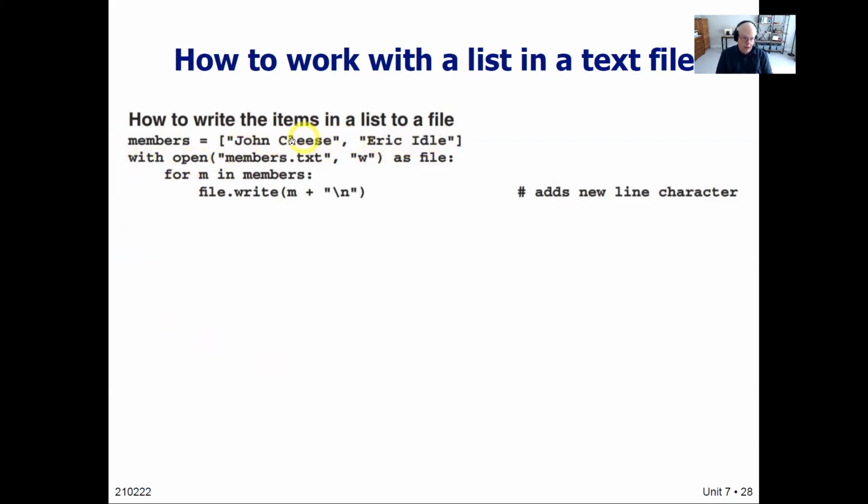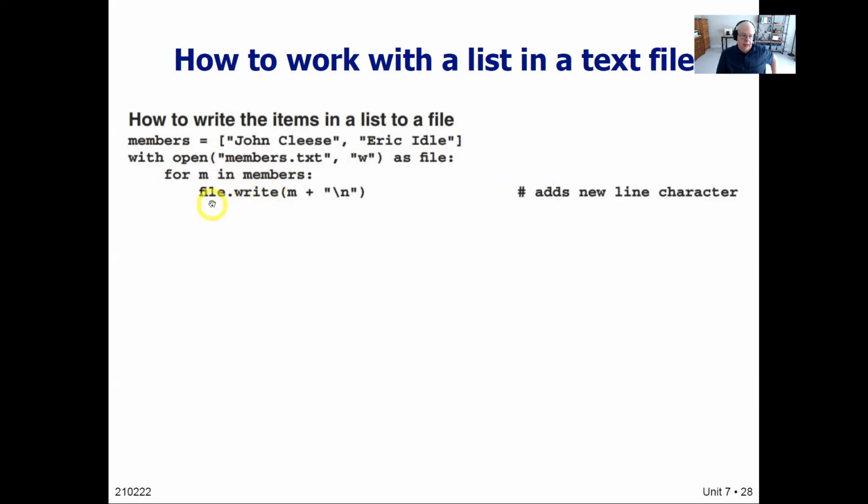This is a way to create a text data file. So with the with statement, we're going to open up the text file in write mode as a file object here, and run it through a for loop. So for m in members, okay, members is up here. That's the whole list. So m is our variable that we're creating for each of the items in the members list.